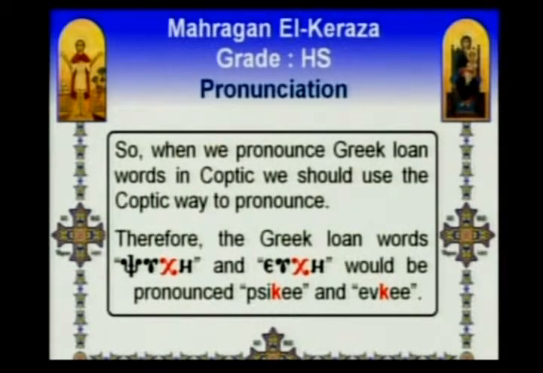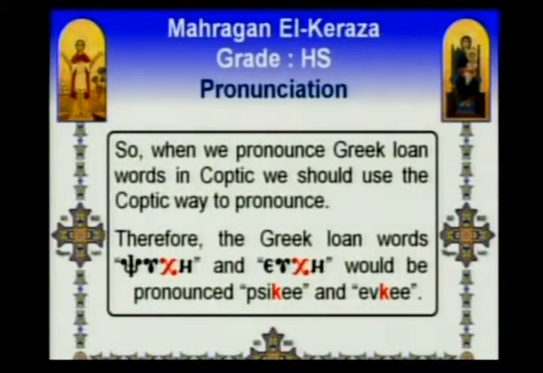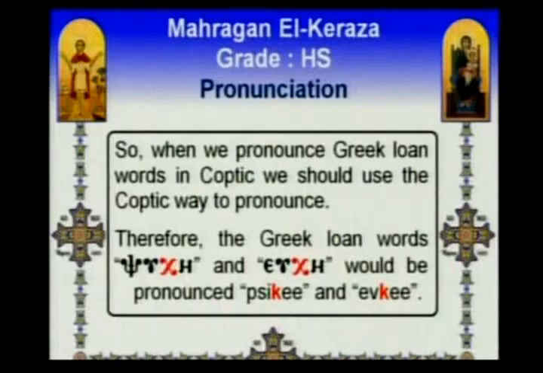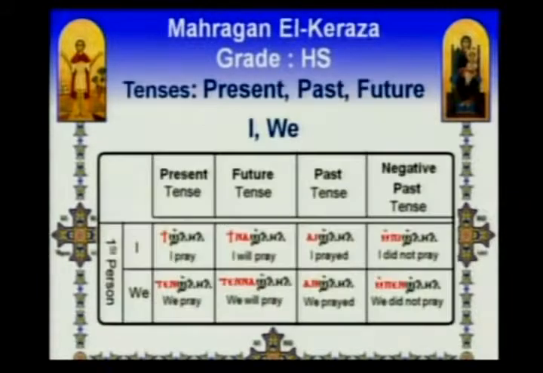We should pronounce it the way we write them in Coptic, and this letter in Coptic is K, so these words would be pronounced psi and f because, as I said, these are loan words now, although they are of Greek origin, but they are now Coptic words as loan words from the Greek, so we should apply the rules of pronouncing by the Coptic pronunciation. So the bottom line is psi and f would be a more appropriate way to pronounce these two words.